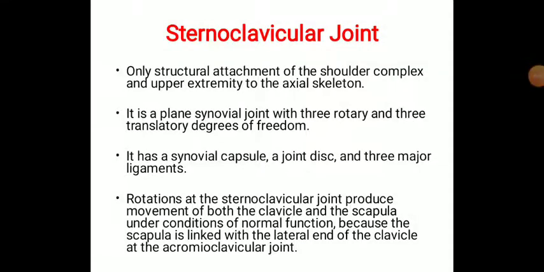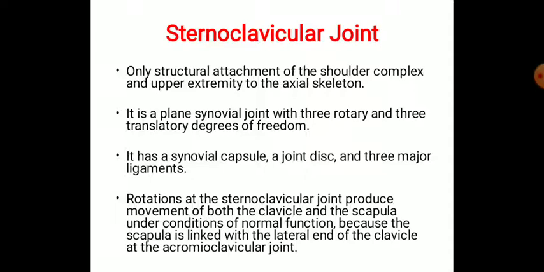Next, what type of joint is the sternoclavicular joint? It is a plain synovial joint. There are no other particular features, but it is known as a plain synovial joint with 3 rotary and 3 translatory degrees of freedom.